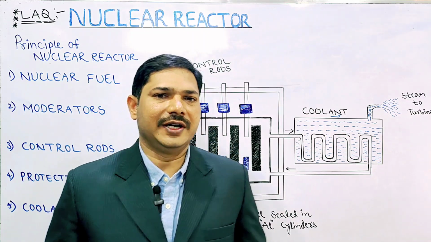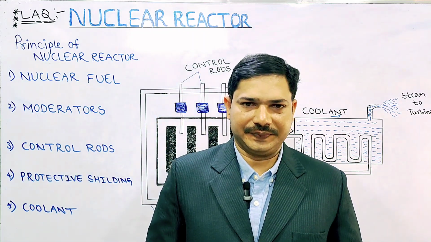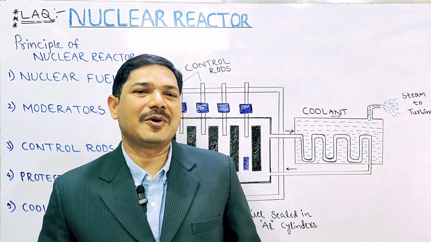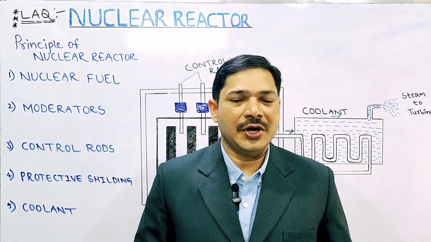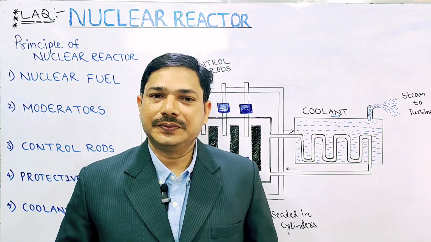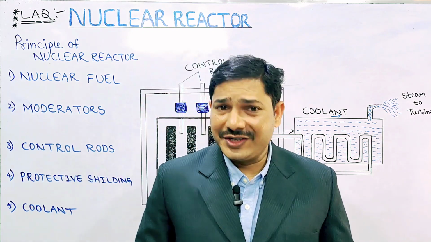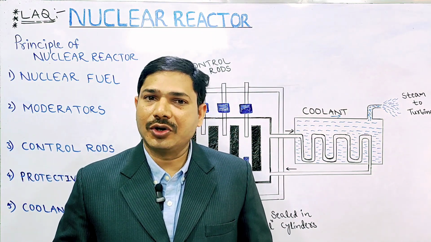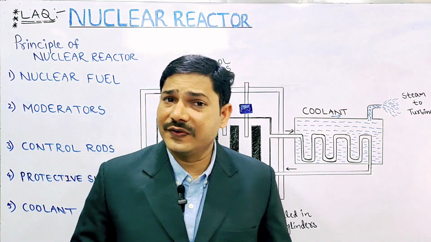First of all, we'll discuss what a nuclear reactor is. The nuclear reactor is used to produce a large amount of nuclear energy through controlled nuclear fission reactions. What is a fission reaction?